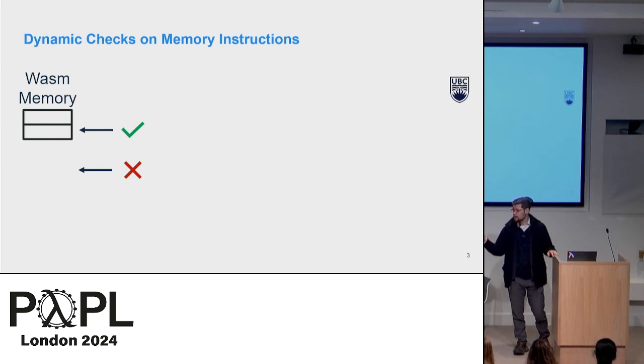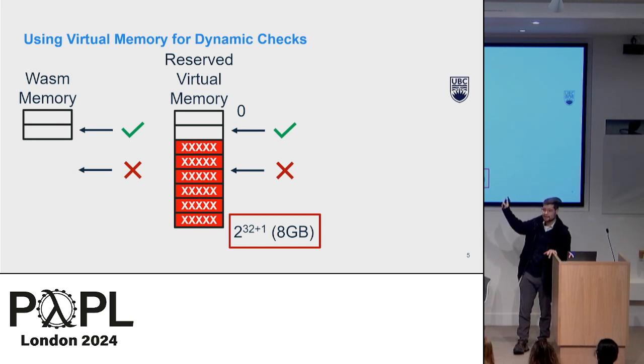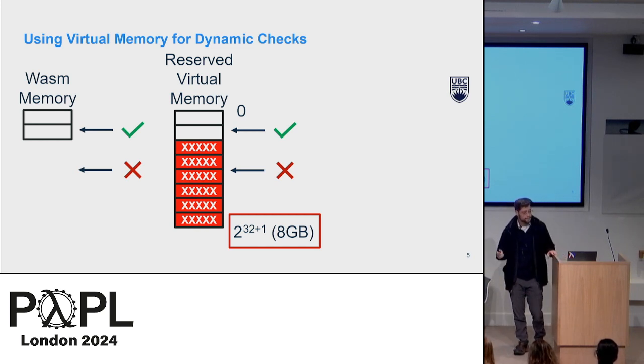And so the typical story for making this check quick and efficient is to just reserve a huge amount of virtual memory, deny access to everything outside of the region, and that way any access inside the region is good, and any access outside the region will just be caught by hardware, and the trap, which is the Wasm term for an error, will be propagated back up.